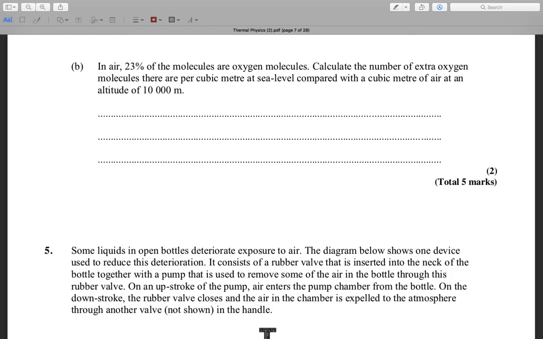Calculate the number of extra oxygen molecules per cubic meter at sea level compared with a cubic meter of air at an altitude of 10,000 meter. We look at the total first.